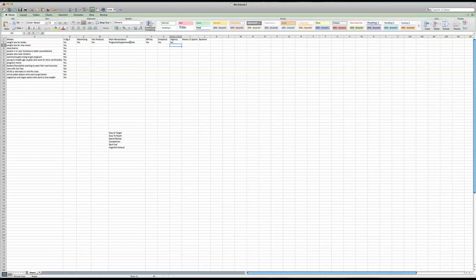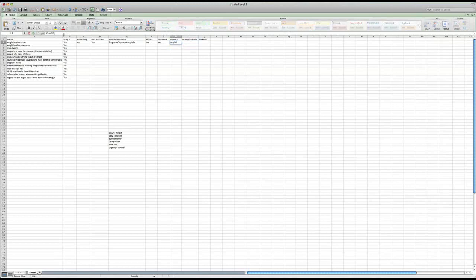If she's a year out wanting to lose weight, probably not. So we could say yes, no. Again, this is subjective. You could use numbers here if you want, on 1 to 5, 1 to 10, so you can do it more objectively, but this is kind of subjective. Yes, no. I'm going to say both there.